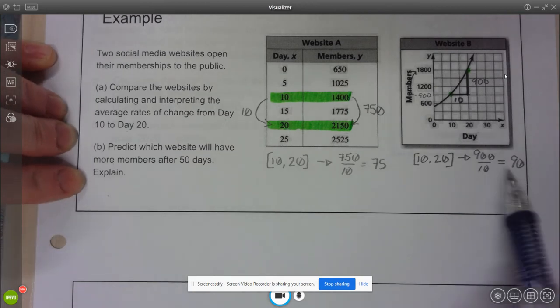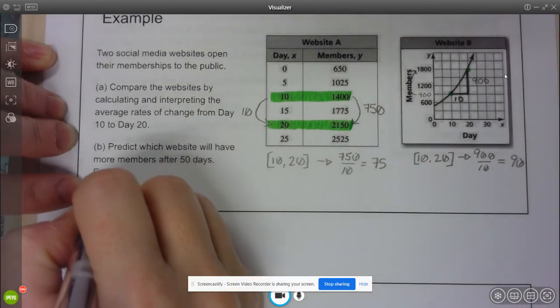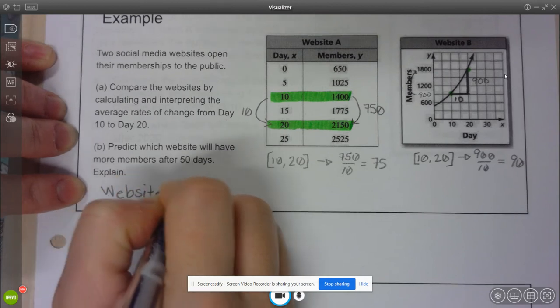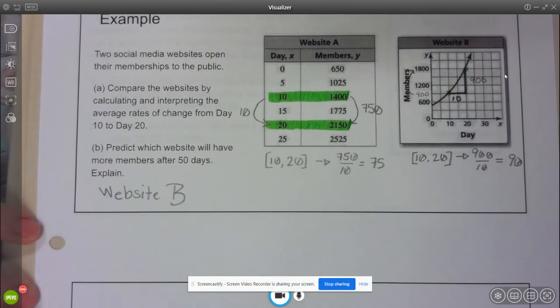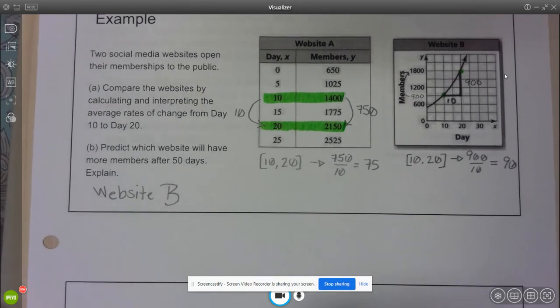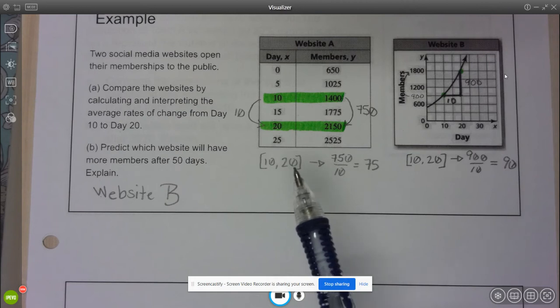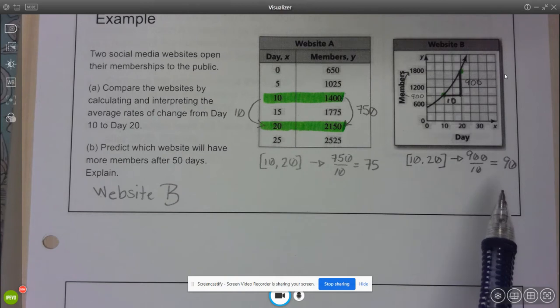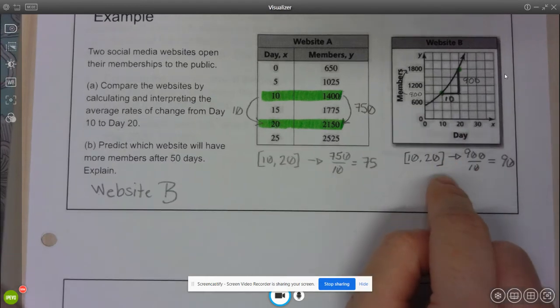Well, based on this jump of 10 days, I'm going to take an educated guess that it would be website B, because it has a much larger rate of change initially, between 10 and 20 days. So I can make an educated guess that this is my exponential function.